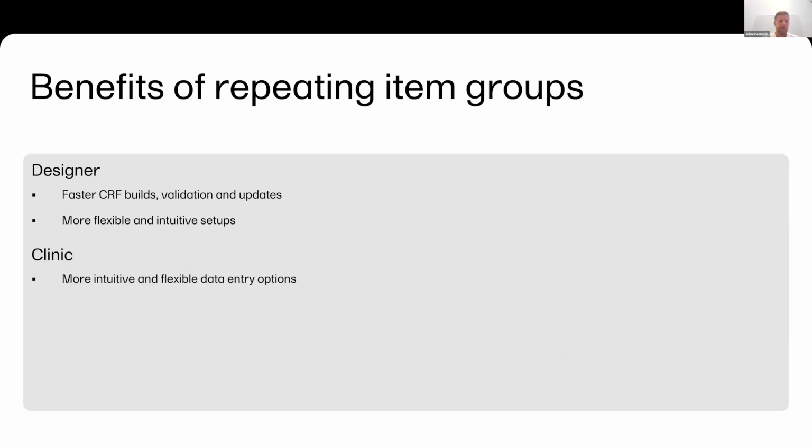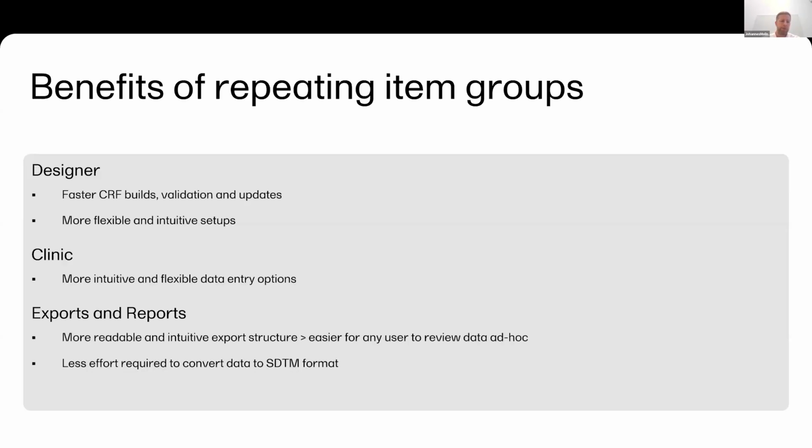For the data entry user, it will definitely be more intuitive, and again, you have more options on how to collect the data. And speaking about exports and reports, you will see that these new export structures will be more readable and more intuitive, so it would be easier for any reviewer to look at the export and get an overview of the data. It will also require less effort to convert data to STDM format.